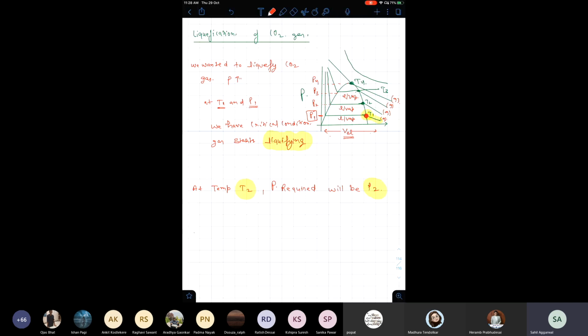At temperature T3, pressure required will be P3.